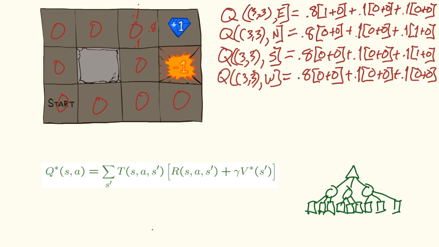So that ends up being a whole lot of 0. So what we get is the maximum of those 4 values, which for this square ends up being 0.8. I'm writing that next to the 0 and in green because, remember, we're still going to be using this 0 to be calculating the neighbors.